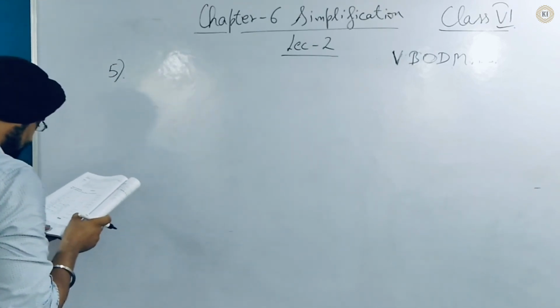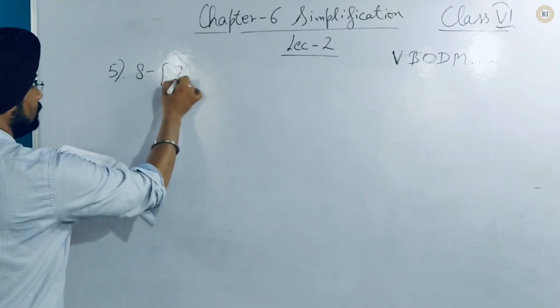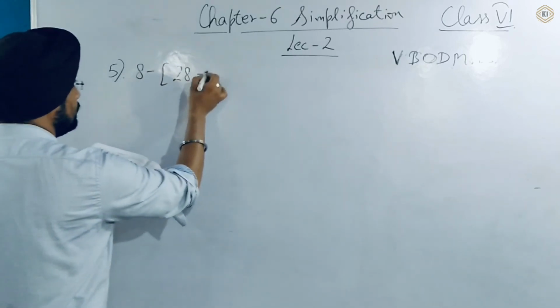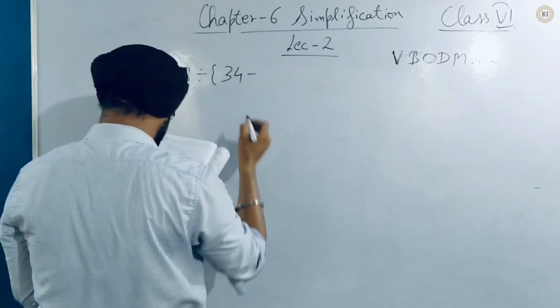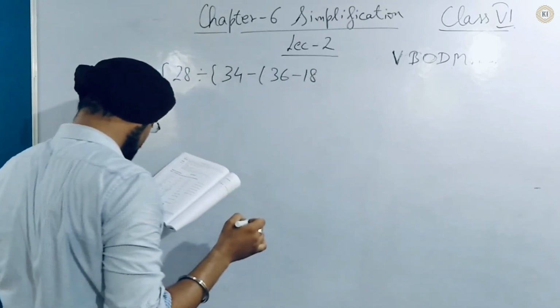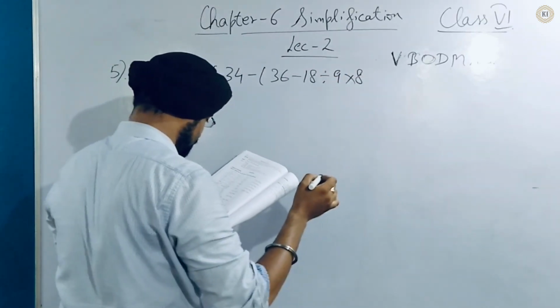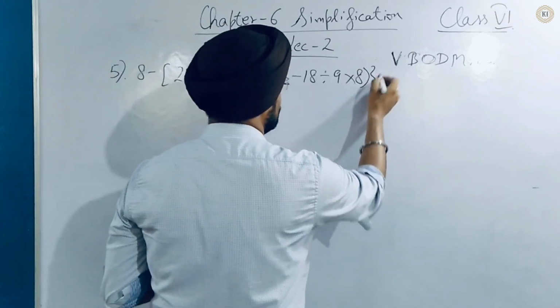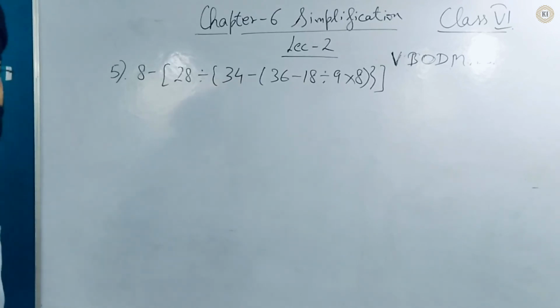It is given as 8 minus 28 divide 34 minus 36 minus 18 divide by 9 into 8. Now see how we are going to solve this question.